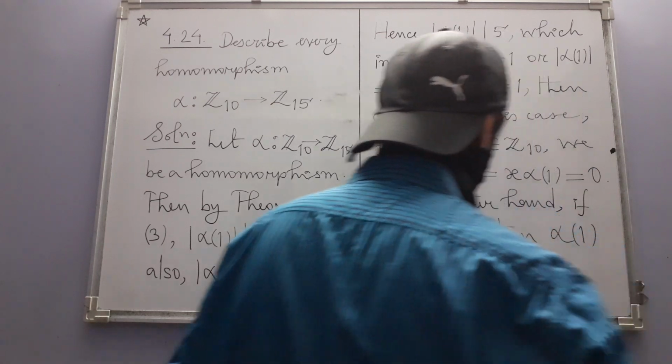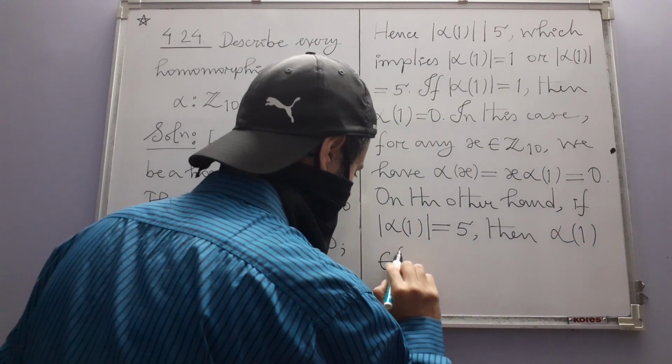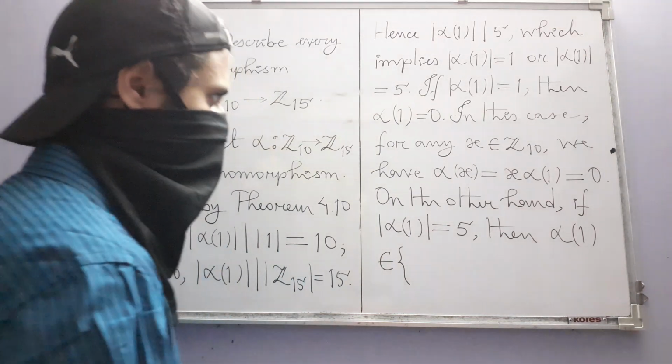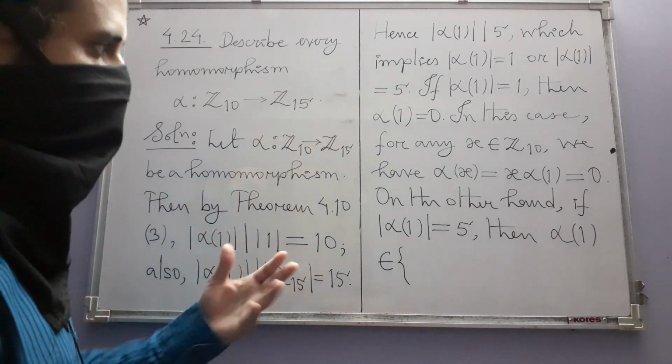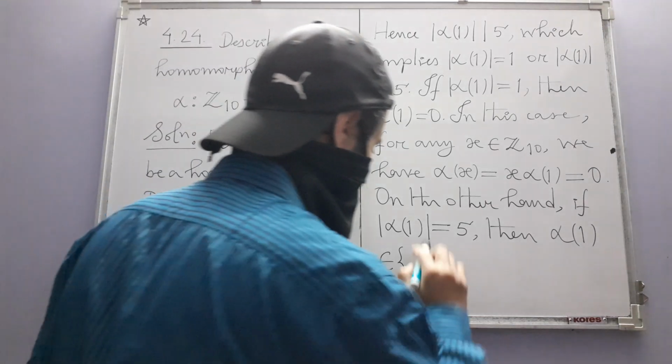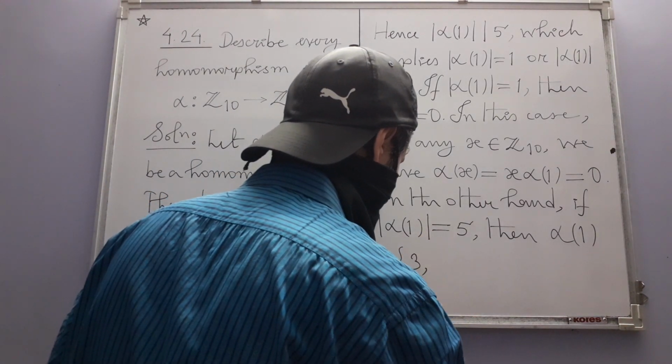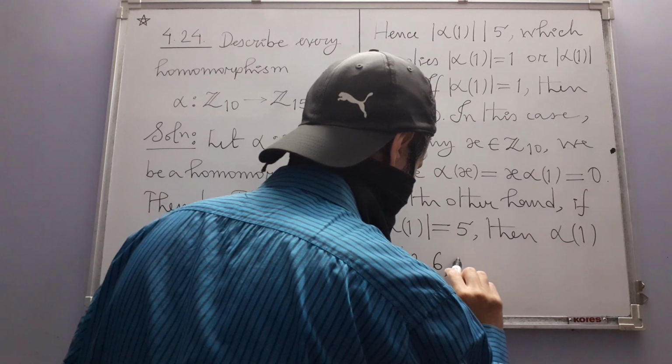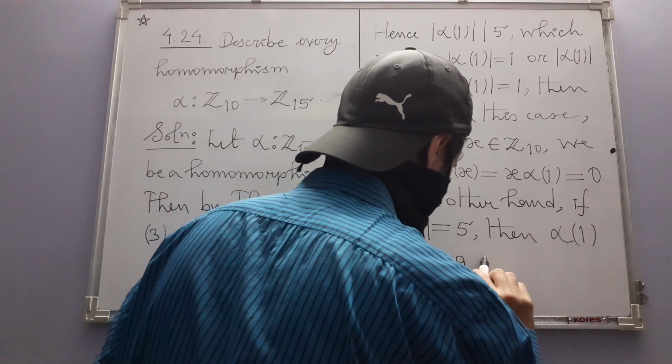Then alpha of 1 belongs to, this is just simply a matter of going through all the elements and their orders. You will find that those elements are these.